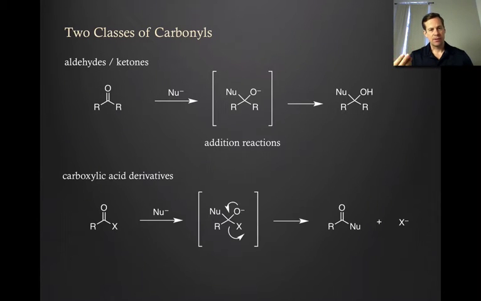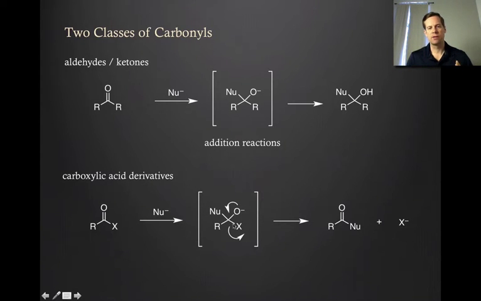With carboxylic acid derivatives, something significantly different happens, and that has to do with the fact that we're going to have a heteroatom attached to the carbonyl as opposed to a hydrogen or an alkyl group. When a nucleophilic addition occurs, it's the same general way that aldehydes and ketones react.